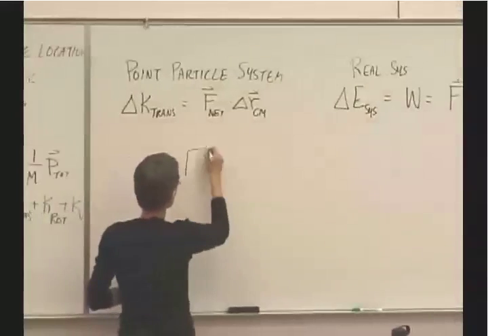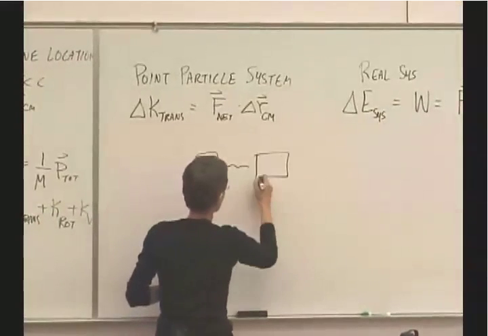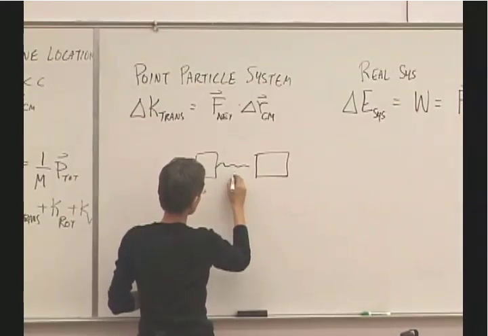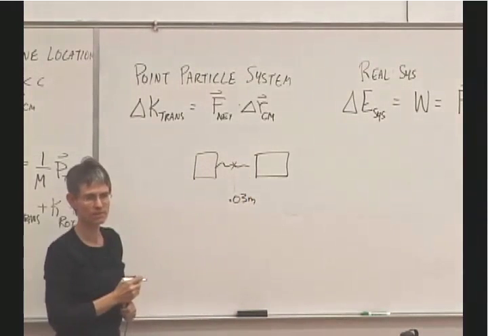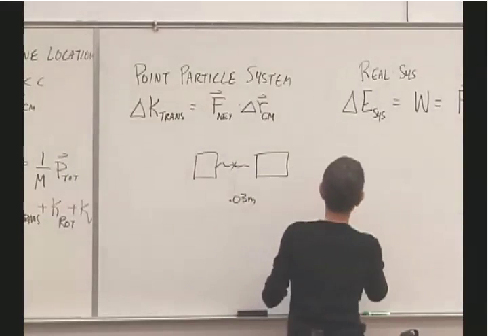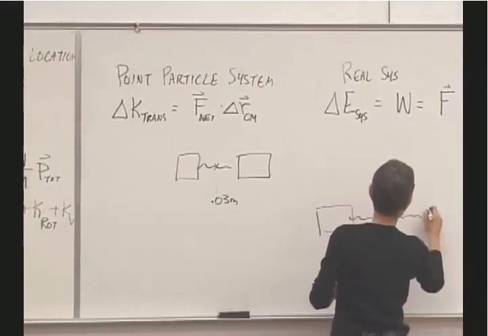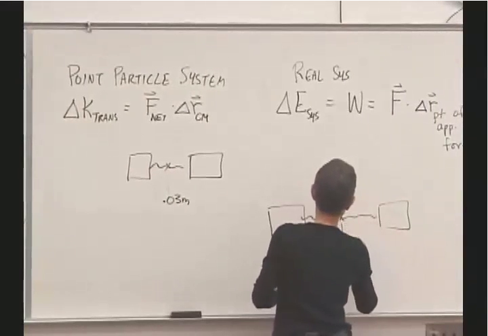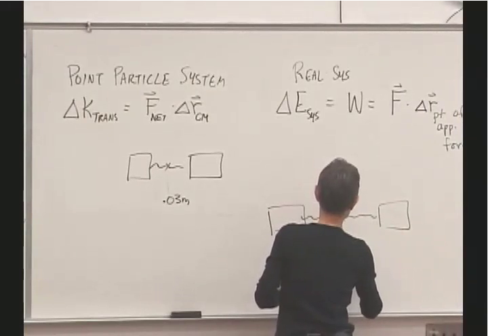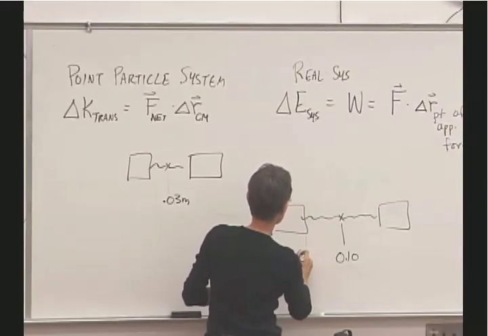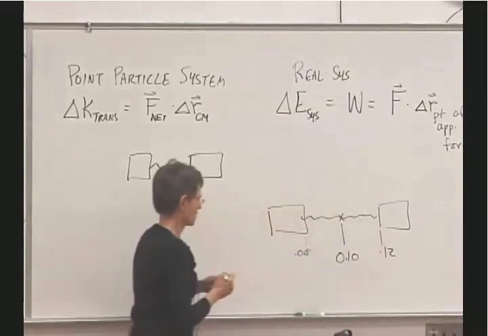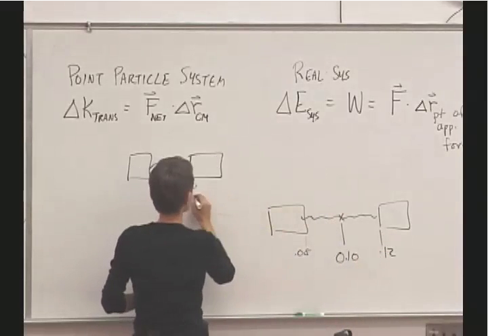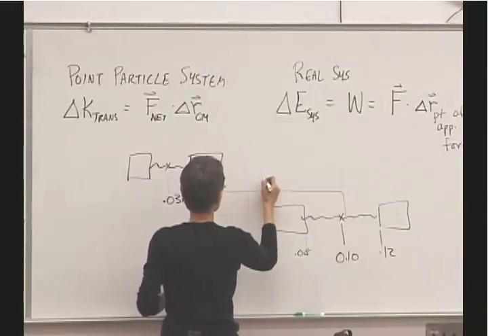Here's the initial situation. The initial location was 0.03 meters for the center of mass of the system, in the middle of the spring. Over here, the center of mass is at 0.1 meter, because that's 0.08 and that's 0.12. So we move from here to there, and that's a distance of 0.07 meters.